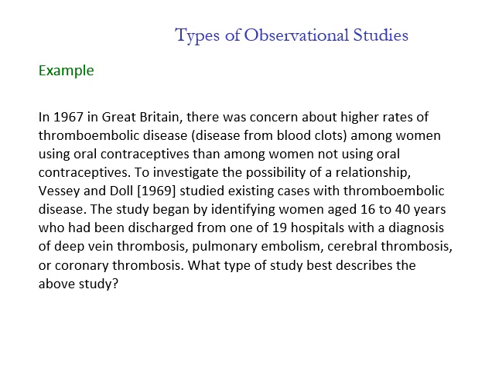Okay, so how did they study the existing cases? First, they identified women aged 16 to 40 that had already been discharged from one of the 19 hospitals and had a diagnosis. So what type of study will best describe this?